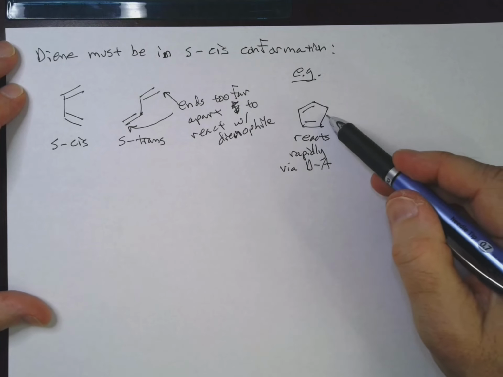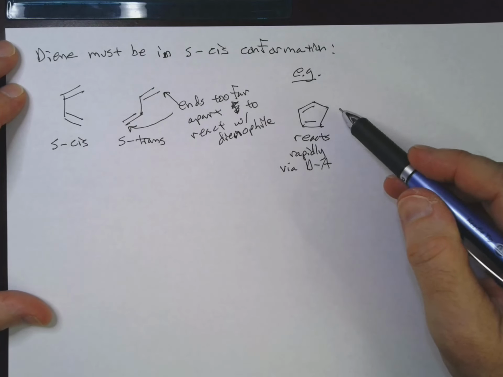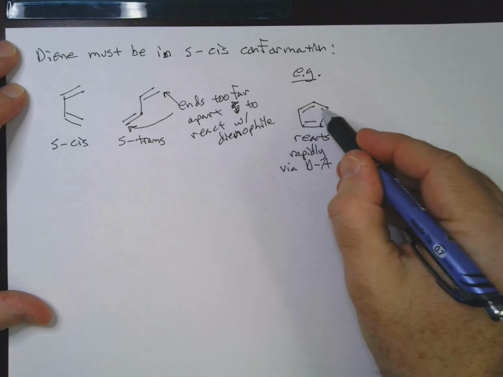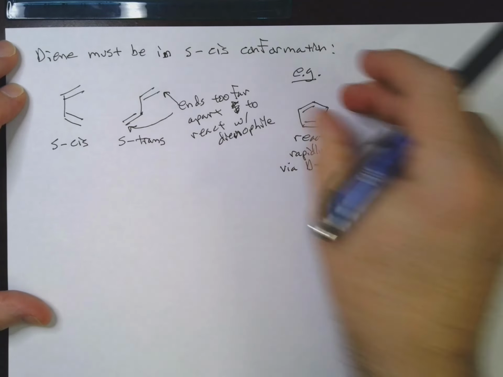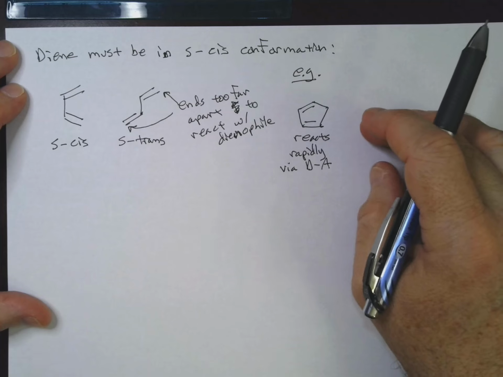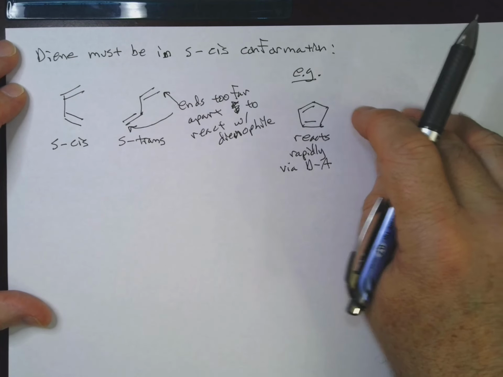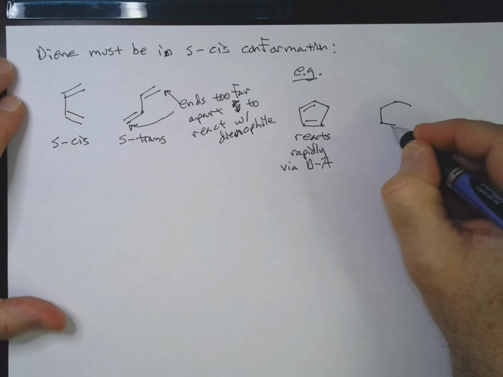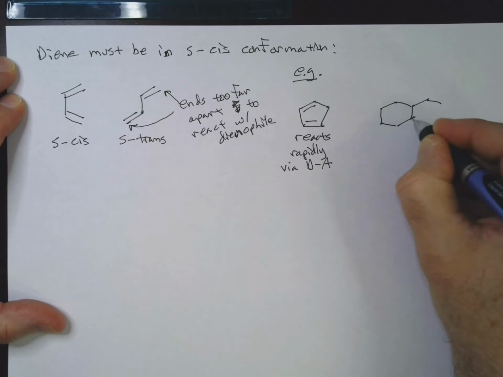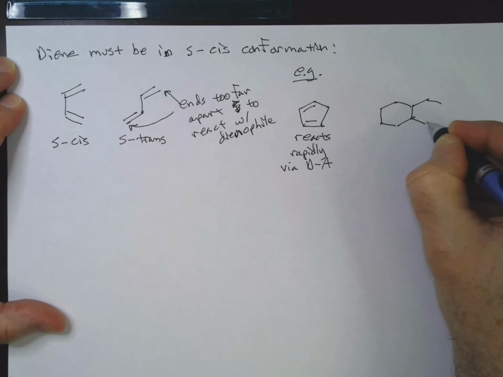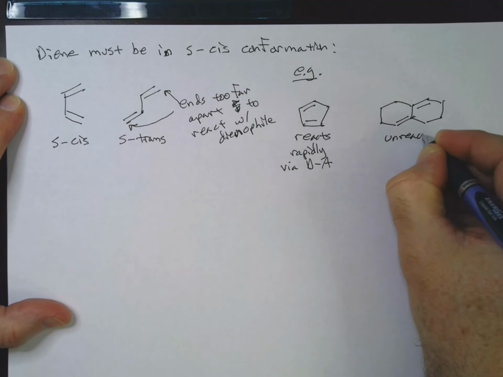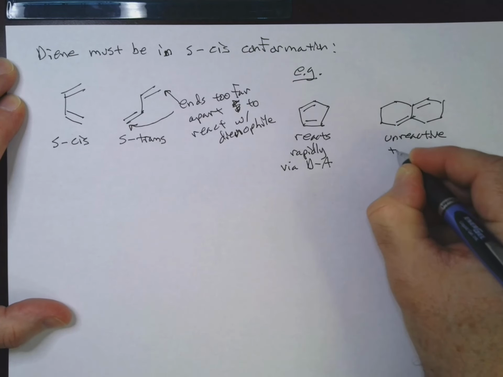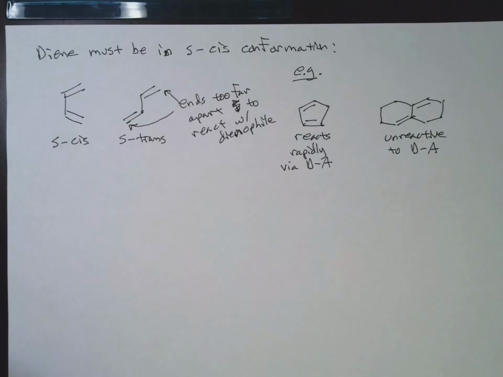In fact, cyclopentadiene will actually react with itself, so, you know, this could react with another molecule turned sideways, even though it doesn't have an electron withdrawing group. But if we had something like, let's say this guy here, this is going to be unreactive via our Diels-Alder reaction.